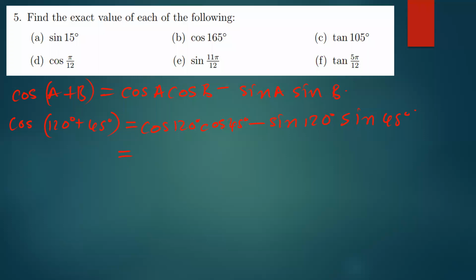If you want to find, for instance, the cos or the sine of 120, I told you to get the special angles which are close to 120.